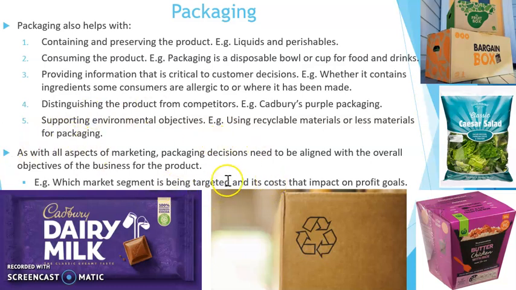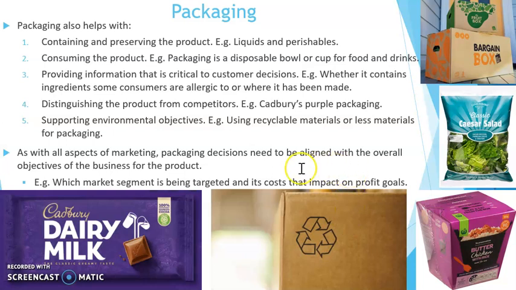So how we package our products is going to reflect the business's objectives. So who we're targeting, which market segment are we targeting, because we've got to make sure that our packaging is attractive to that market segment that we're targeting.